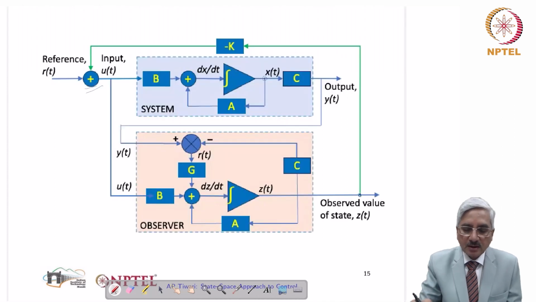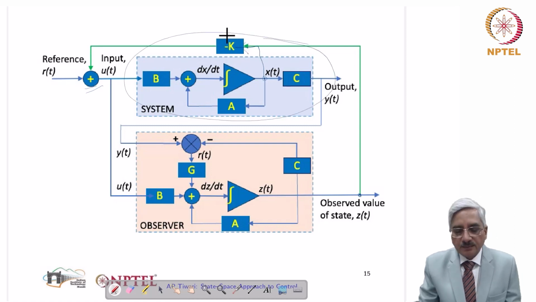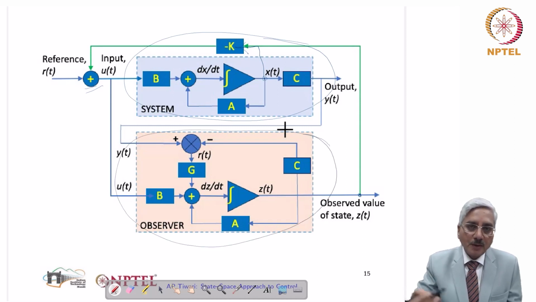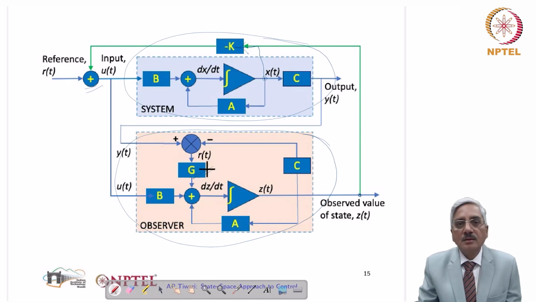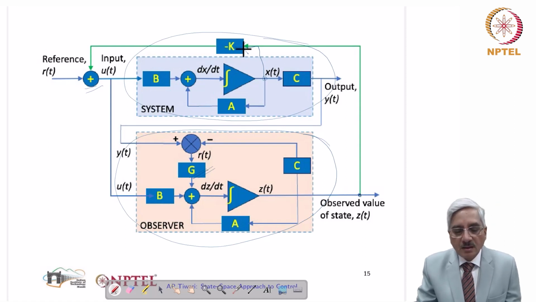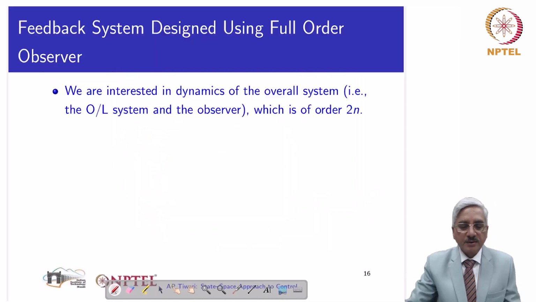See, we know that if it was fed here, the overall dynamics will be characterized by A minus BK. And we know that this has some dynamics for which we designed the gain G here. But then when we have made the connection from here to K, then we have to actually see how it behaves.